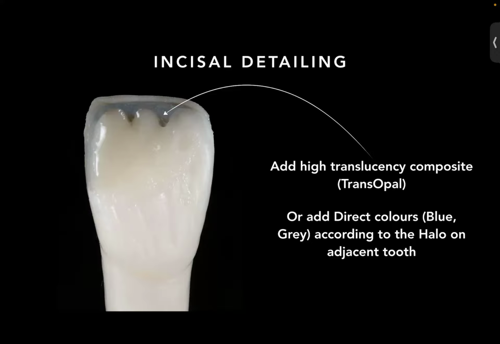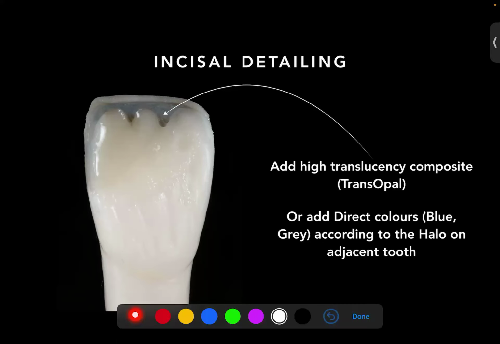And we cannot just add normal enamel composite there. That is going to block the light to some extent. Right? So we are going to add the most translucent composite we have, which is incisal composite, Transopal, again by Ivoclar, and it has 40 to 44% translucency.